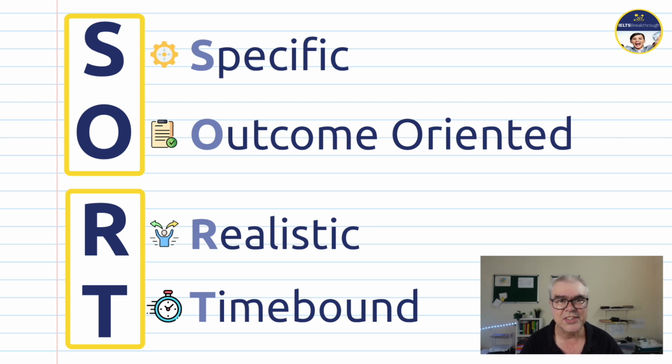So realistic is the R. Realistic means that you should set a study session that is easy to do. That is because if you think, it's easy to do this, then you're less likely to procrastinate or delay it. And then the T is time bound. So put a number of minutes to how long you're actually going to do this study session.